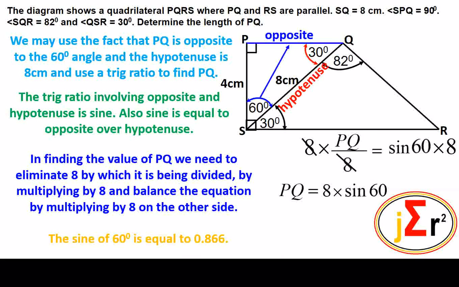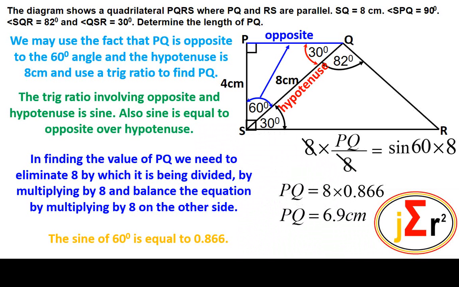The sine of 60 degrees is equal to 0.866. Therefore, we will use 0.866 to replace sine 60. PQ is therefore equal to 8 multiplied by 0.866, and that is approximately equal to 6.9 centimeters.